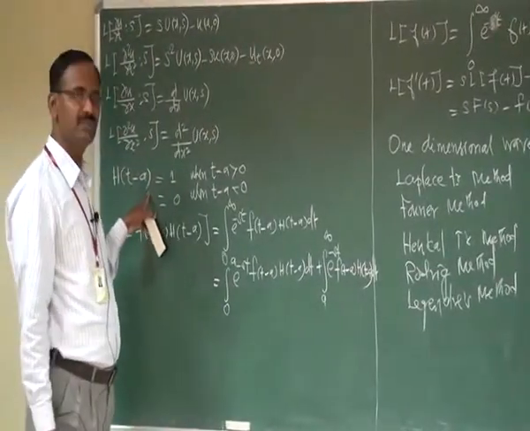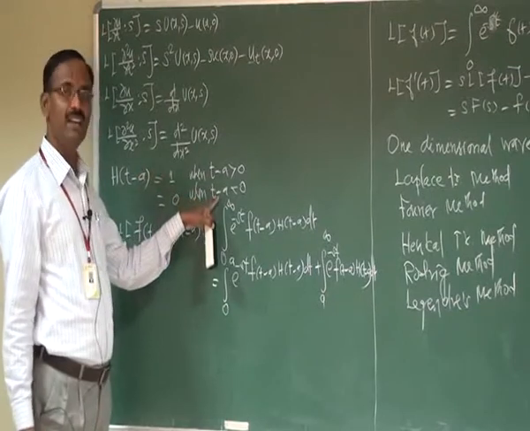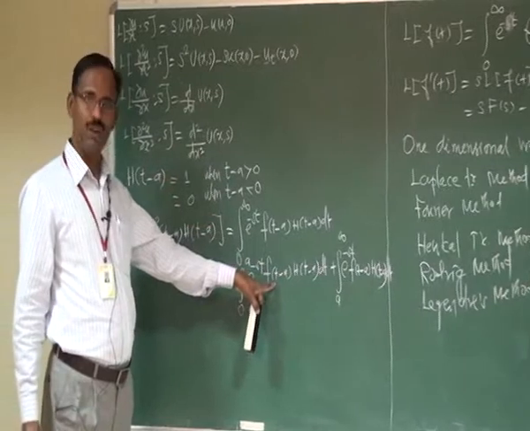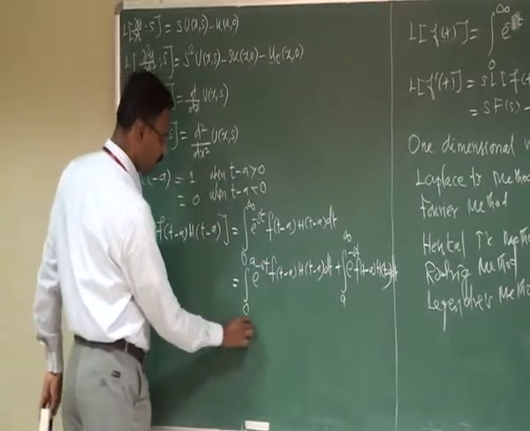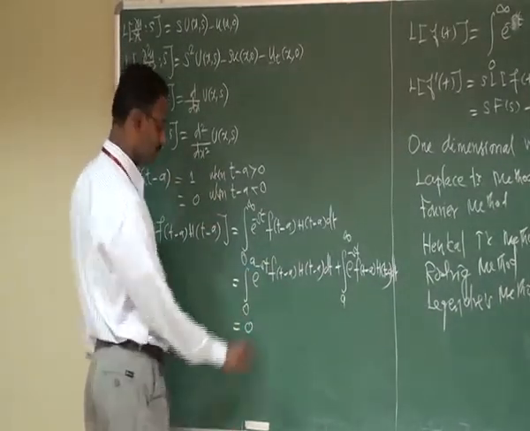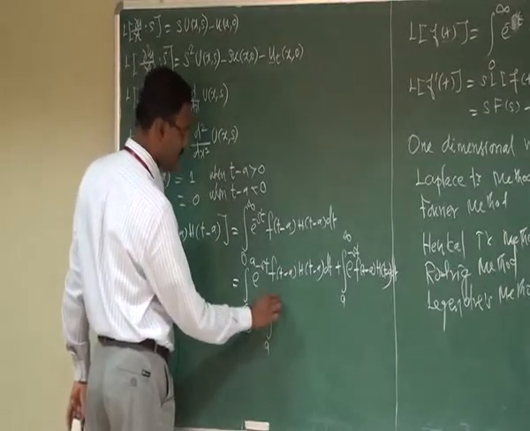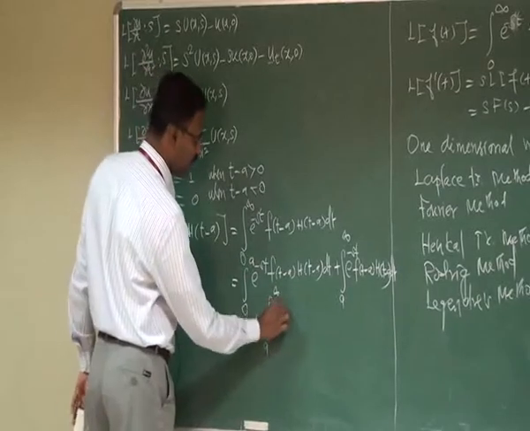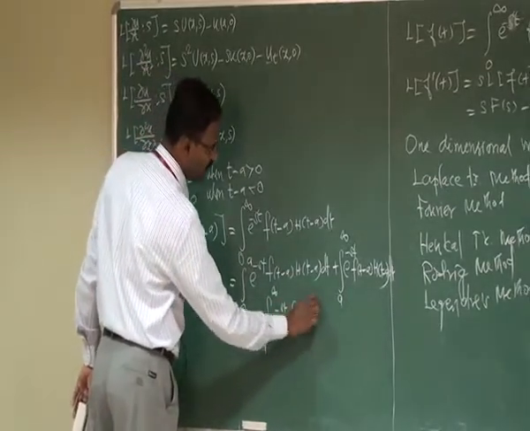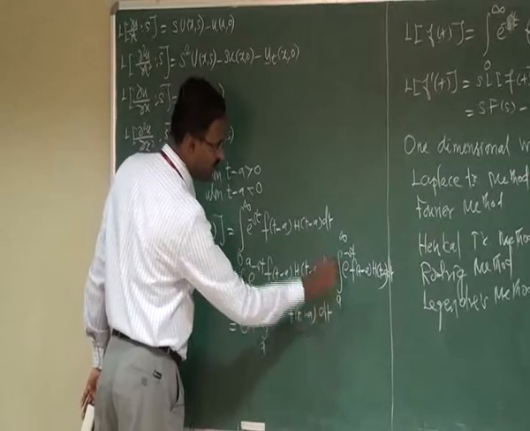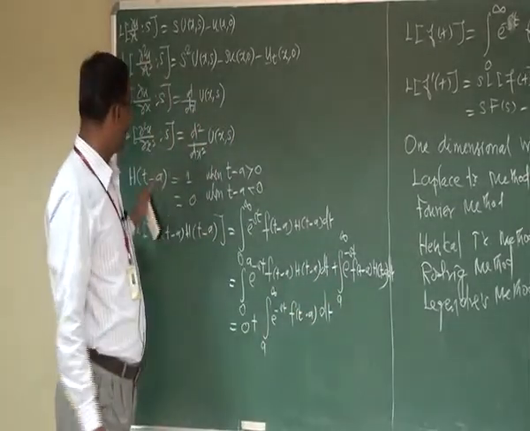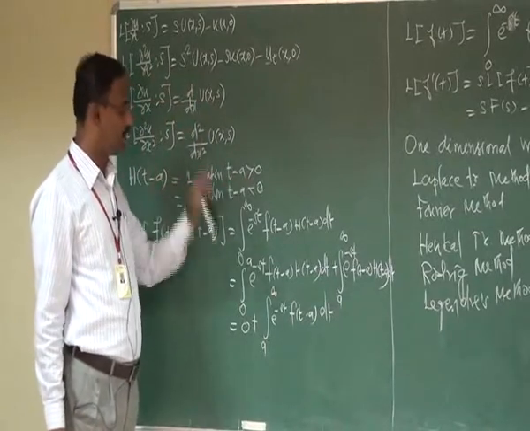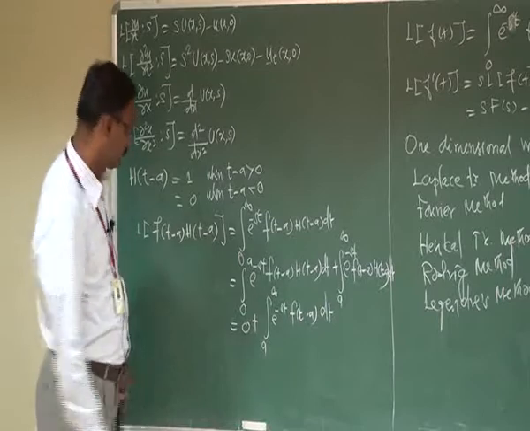So, as per the definition, when t ranges from 0 to a, H(t minus a) takes the value 0, therefore the first integral becomes 0, whereas in the second integral from a to infinity we have e^(-st) f(t minus a) dt, because the Heaviside unit step function takes the value 1 in the interval a to infinity.